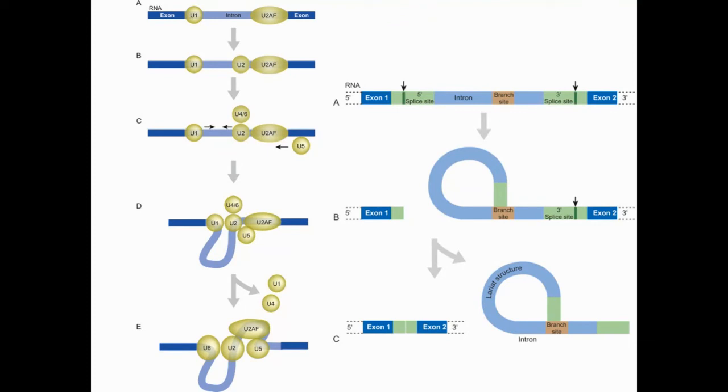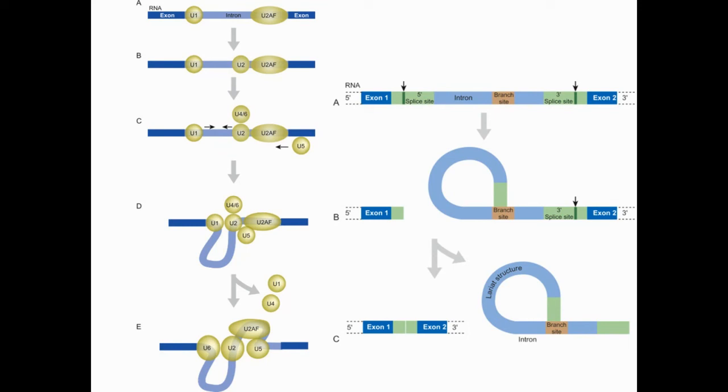The splicing is carried out by the complex we call the spliceosome. The spliceosome is composed of several individual small nuclear ribonucleoproteins, and also many other proteins, but mainly those are small nuclear ribonucleoproteins.